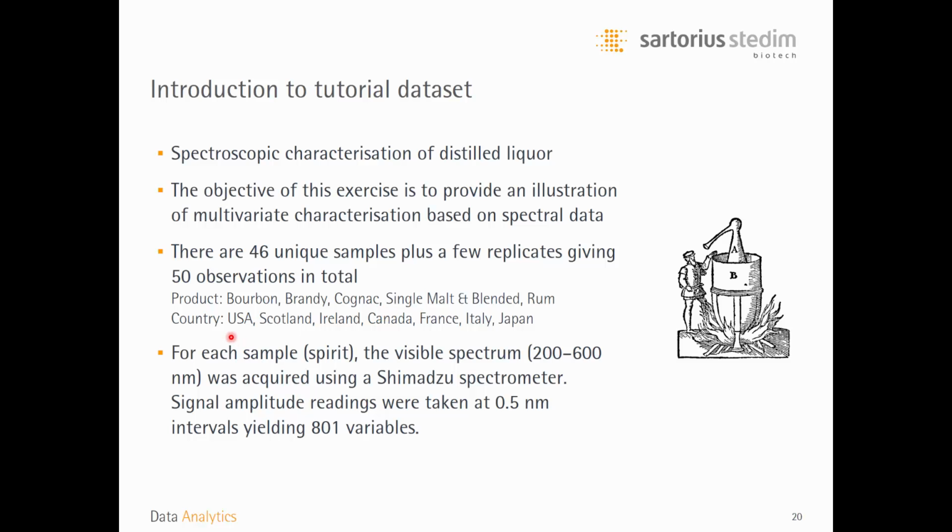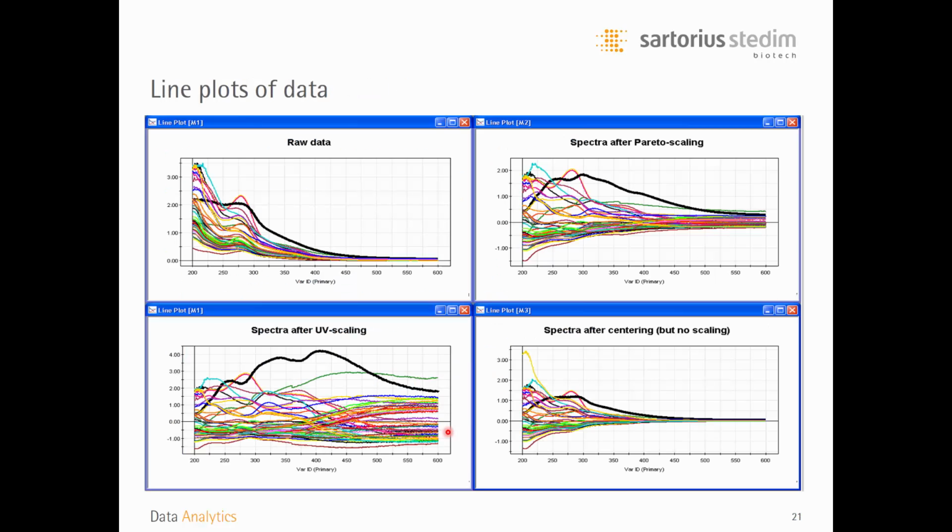And we also know the country of origin for each individual beverage. And for each sample, data in the range from 200 to 600 nanometer was acquired. And due to the resolution used, it meant that 108 variables were available. And we will now use this data set and investigate the effect of scaling.